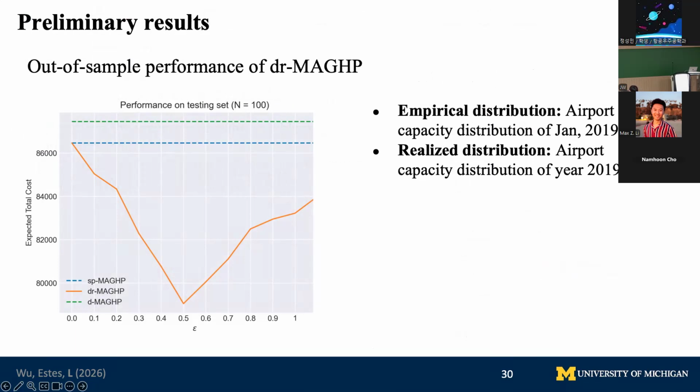Let's talk about interpreting this for a second. The y-axis, you can basically think of it as the dollars it costs the airlines if you implement a particular delay solution. So of course you want this to be low. The lower the better. The green line is what happens if you use deterministic. If you basically pretend that the airport capacity is deterministic, that's what you get as the optimal solution, the objective function value of the optimal solution.